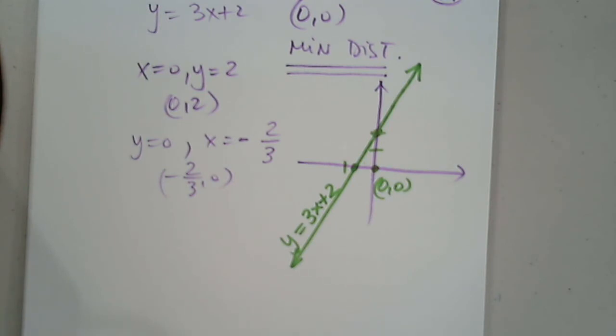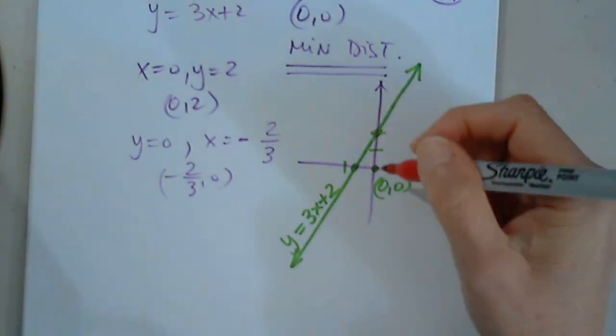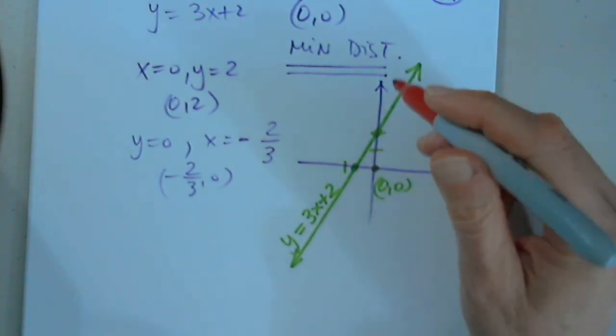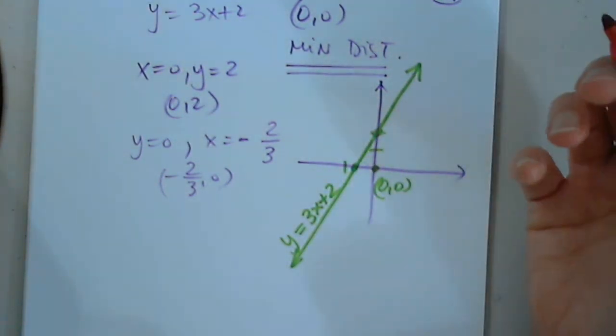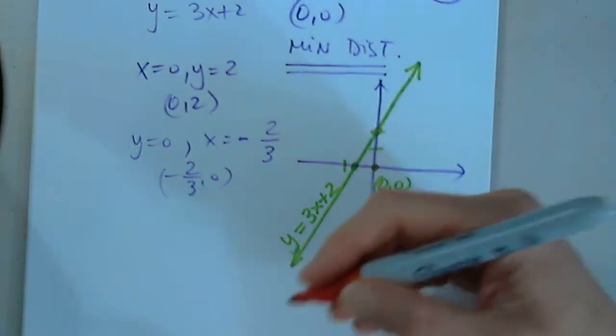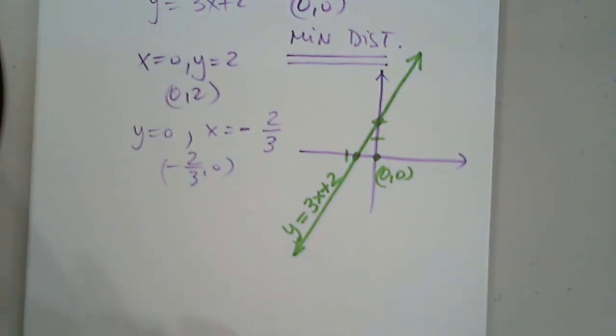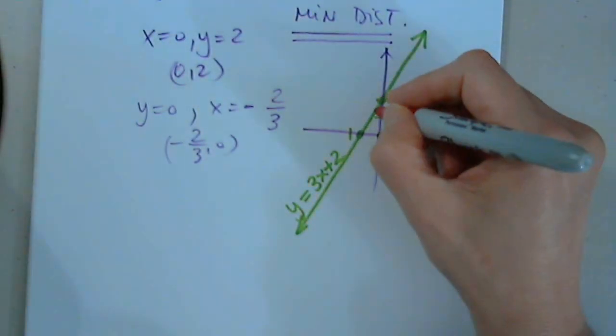And I don't know where the point that is closest to the origin is. I'm going to say I have to picture one. It doesn't matter where you picture it. We're going to find the correct one. So let's say it's here. Of course it's not, but it doesn't matter.